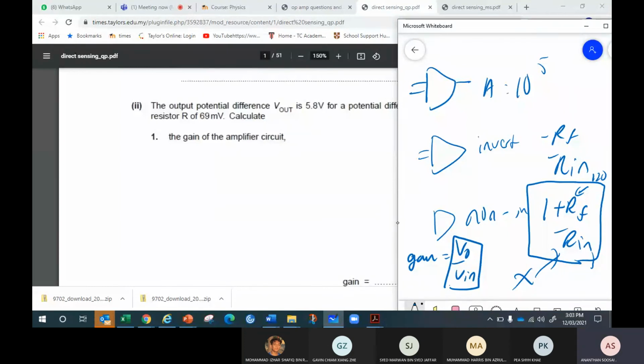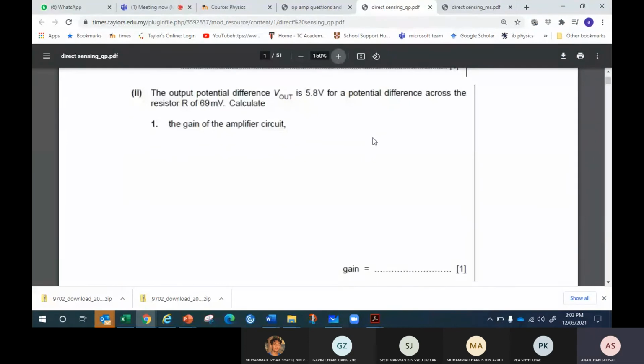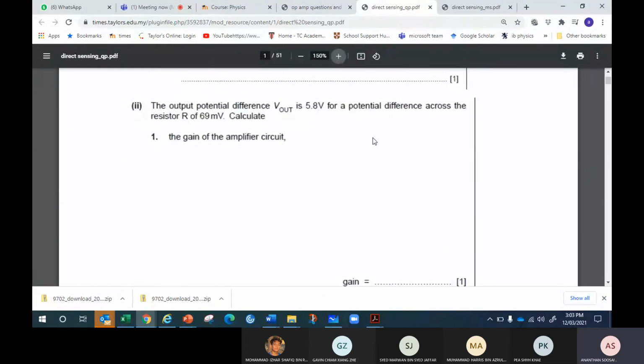Gain is V out over V in. Make sure you change to the same unit: change 69 millivolt to volt, then divide 5.8 by it to get the answer. Okay, got the idea?